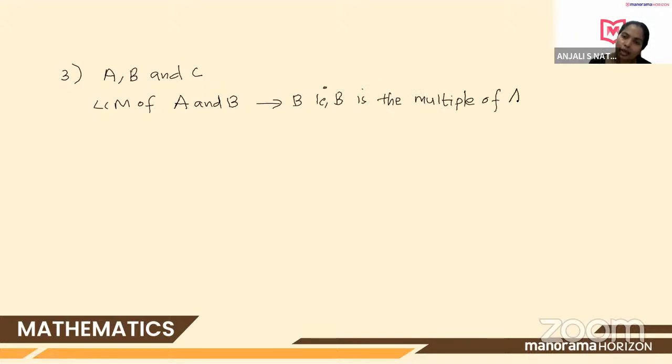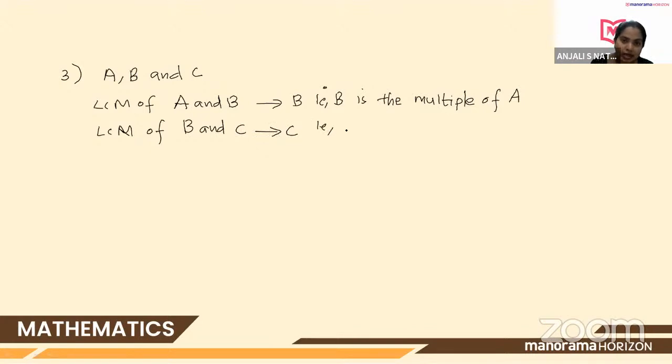Multiple of A. That is, if the LCM of A and B is B, then B is the multiple of A. And the second thing is the LCM of B and C is C, right?